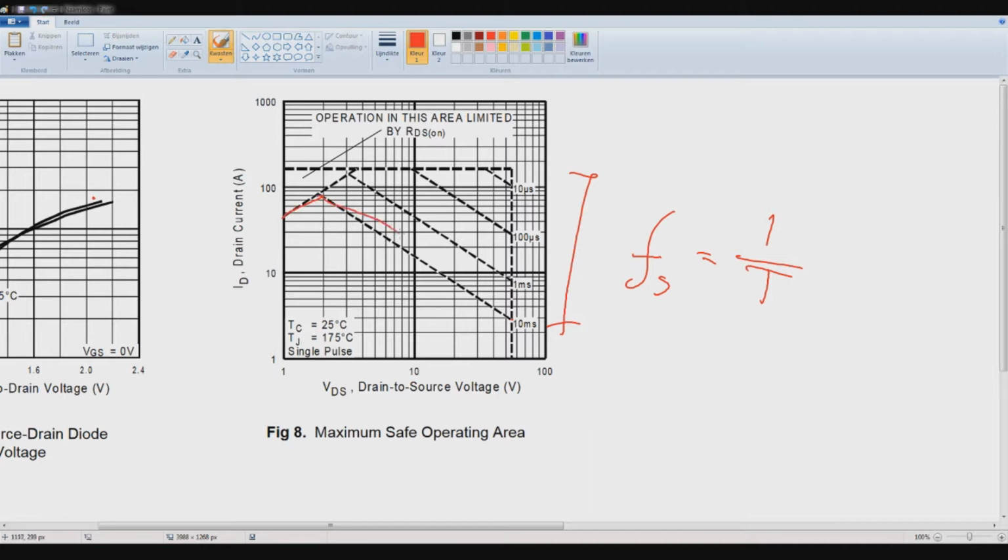So this entire area is safe operation for 10 milliseconds, because if you go above, if you use a higher voltage, over here you get a higher current, and a higher current for this amount of time then can damage the MOSFET.